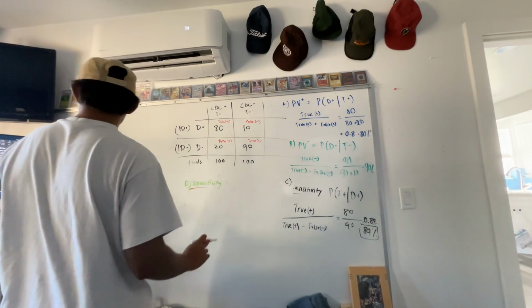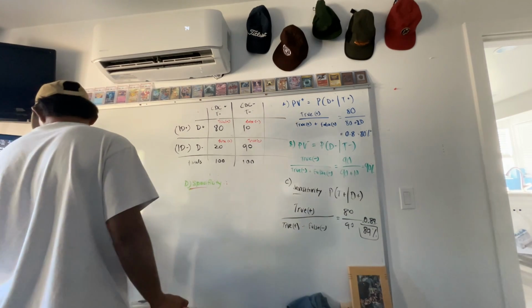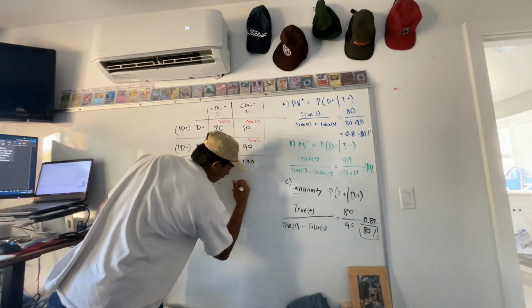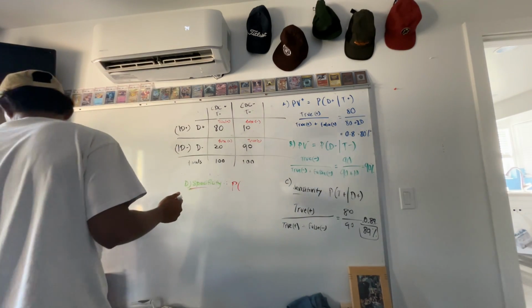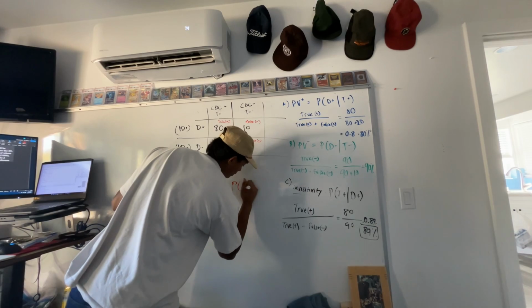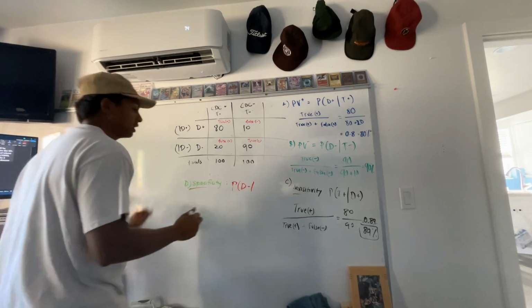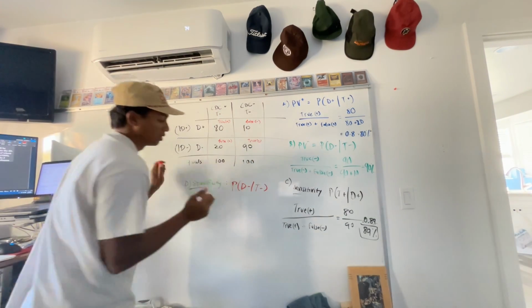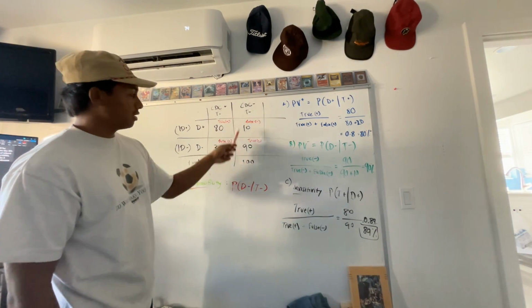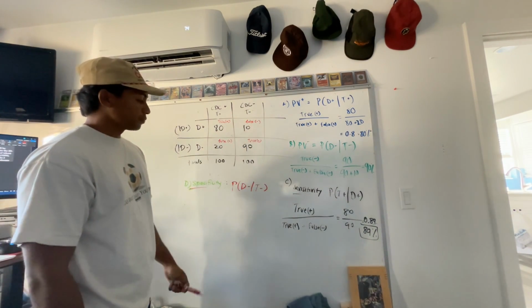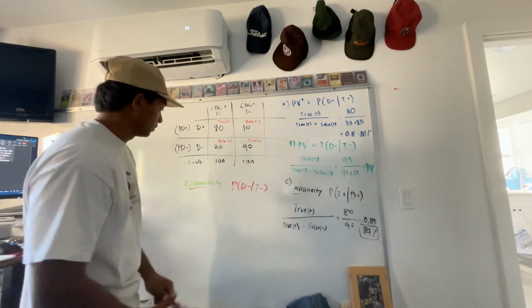What we're concerned with is the probability that we are disease negative, given that we test negative. If we test negative, what is the probability that we are actually negative, okay?